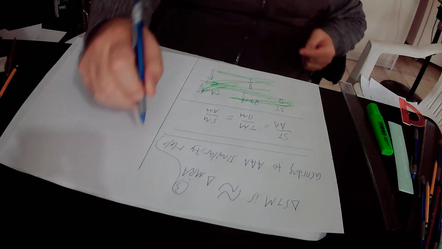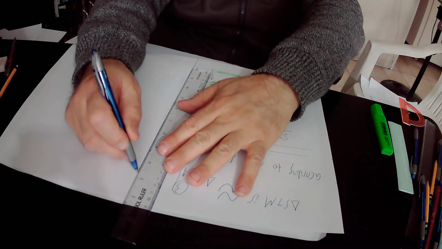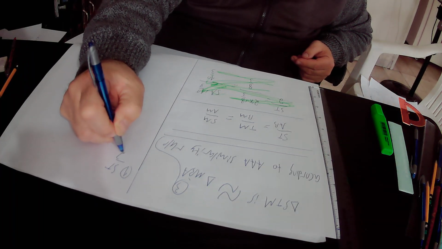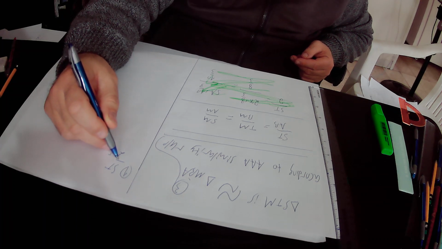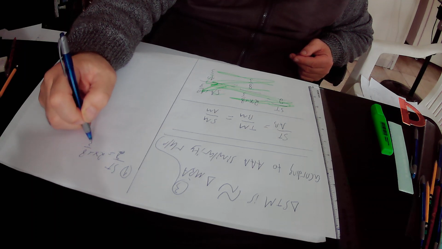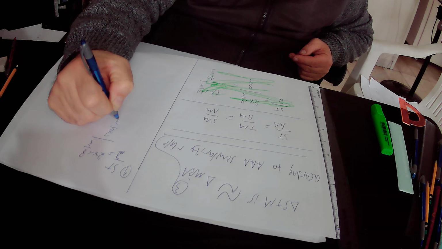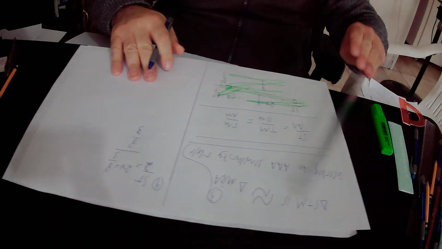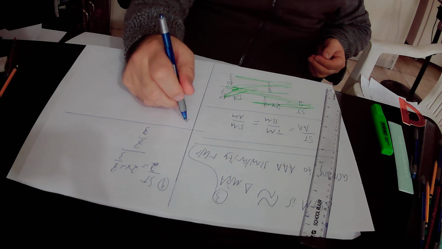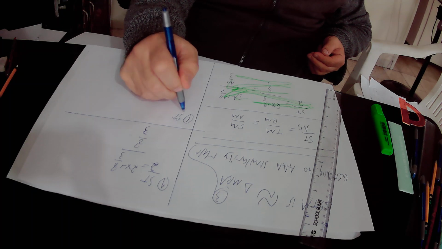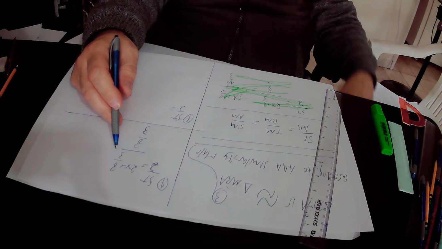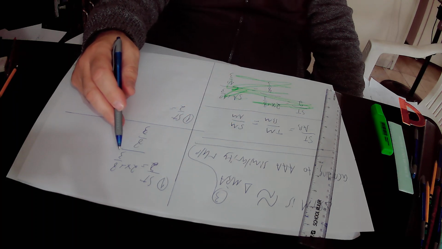So according to equation 1, ST over 2 equals 2x plus 8 over 3 over 8 over 3. On the other side of the equation we have 2x plus 8 over 3.